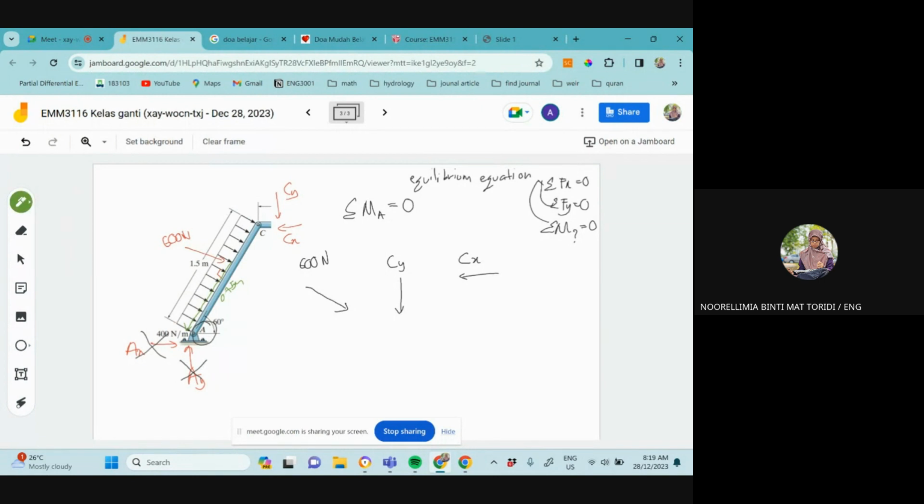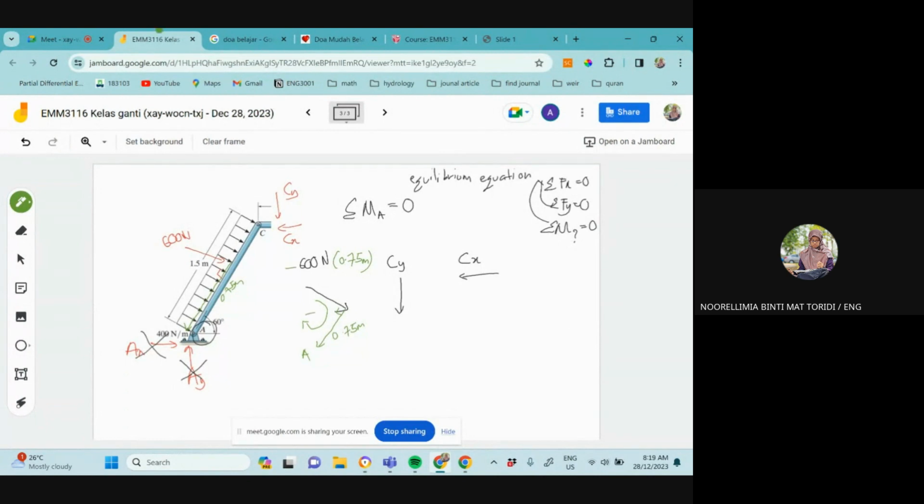Now find the distance. The 90-degree distance to A is 0.75 meter. Is this negative or positive? Clockwise, right?